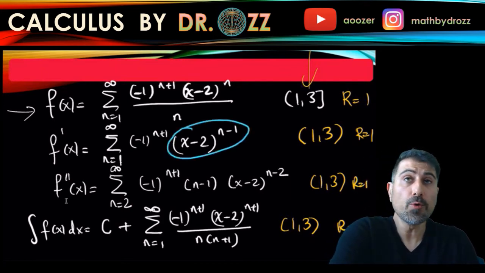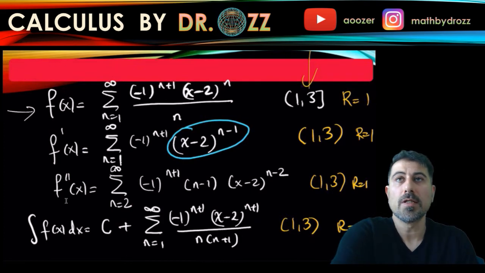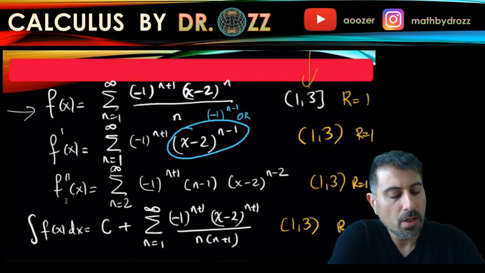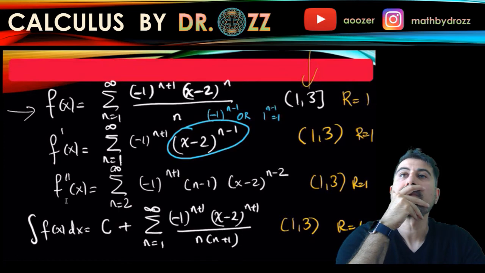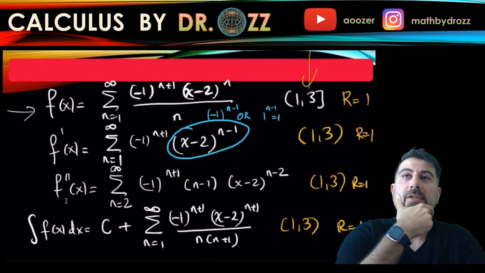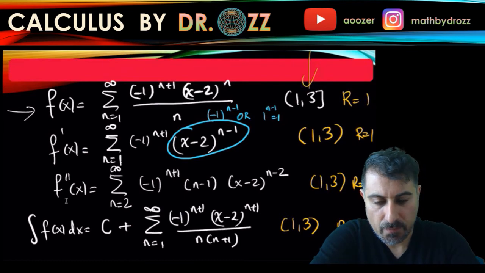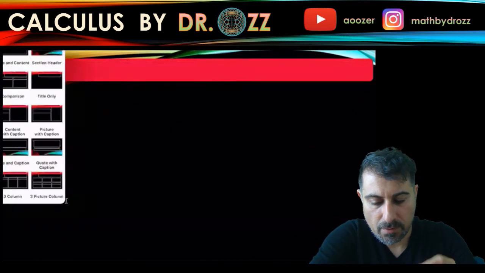plug in 1 or 3 in this expression here, so you will either have minus 1 to the n plus 1 or 3 minus 2, 1 to the n plus 1, which is 1. So either you have the alternating series, in fact, let me just write it down here.